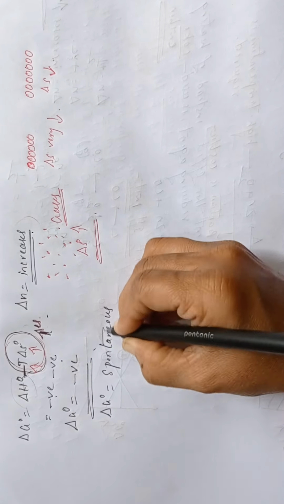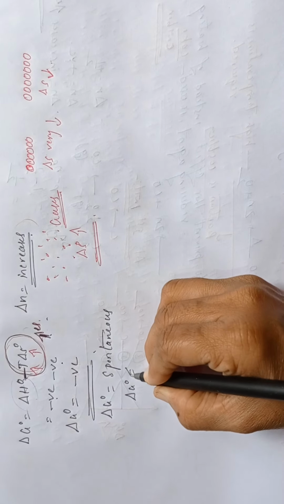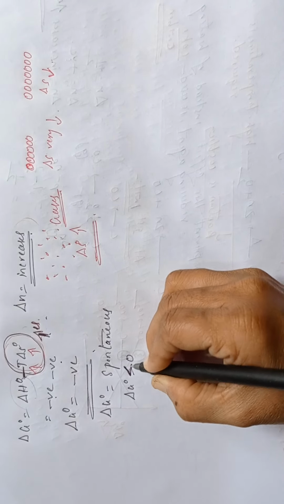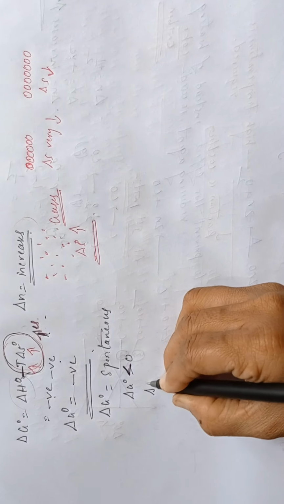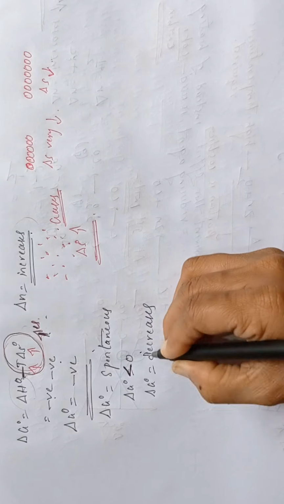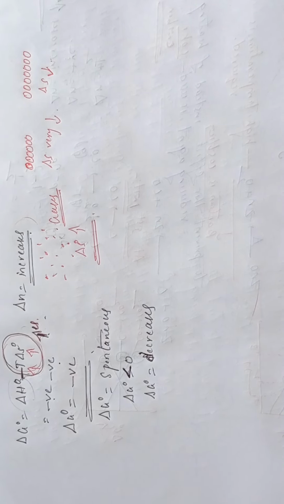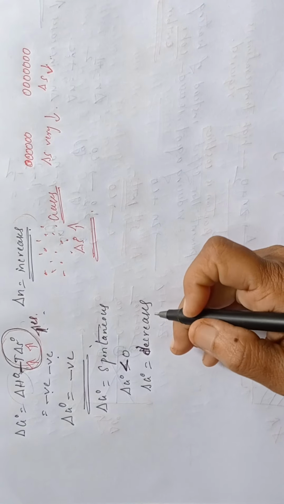Spontaneous. Negative means delta G naught is less than 0, that means the delta G naught value decreases. Understanding, students?